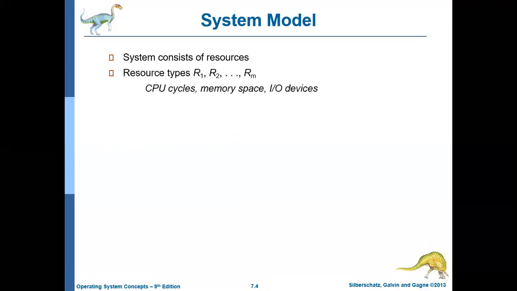Each process will compete for a different resource. And there are different types of resources, like CPU time, memory space, IO devices. All these are examples of resources.